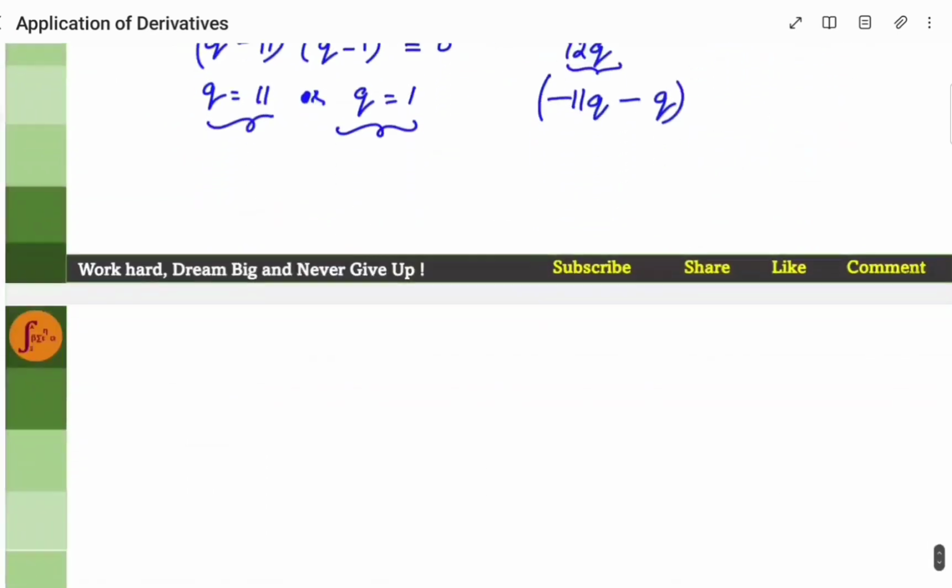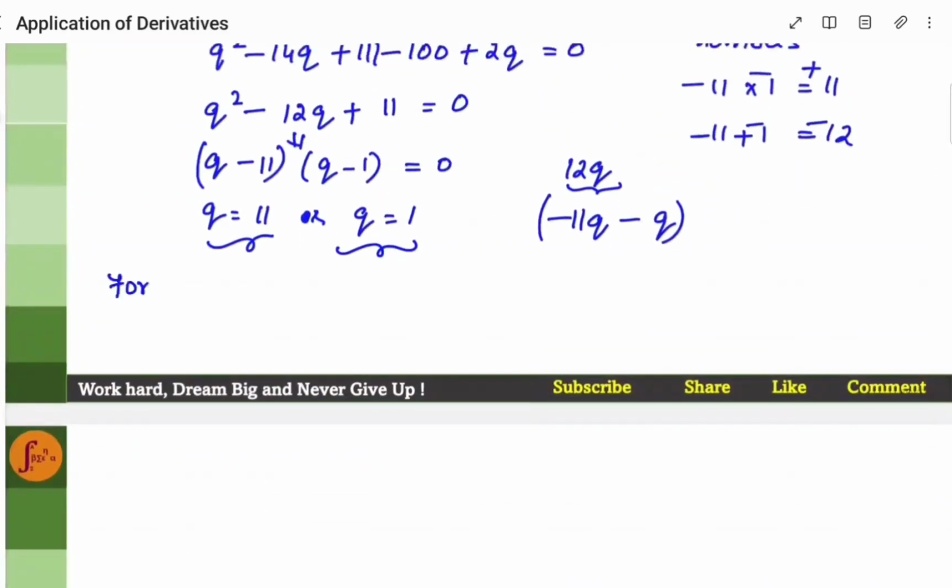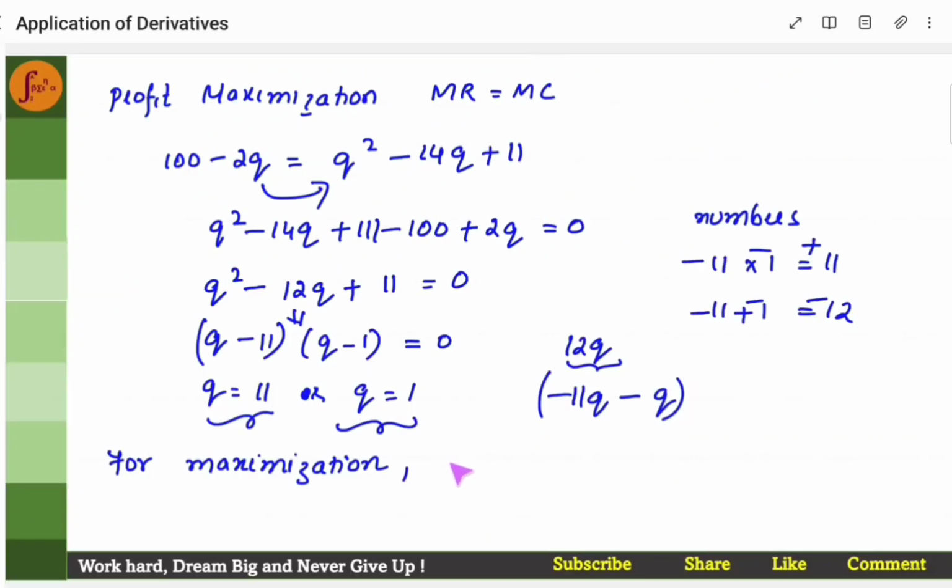We'll have to double differentiate because it has to be maximum. Remember, whenever you need to verify if it is maximum or minimum, you'll have to double differentiate. We'd double differentiate profit here, but we don't have profit directly.